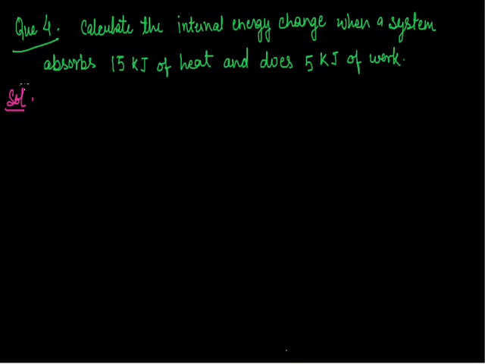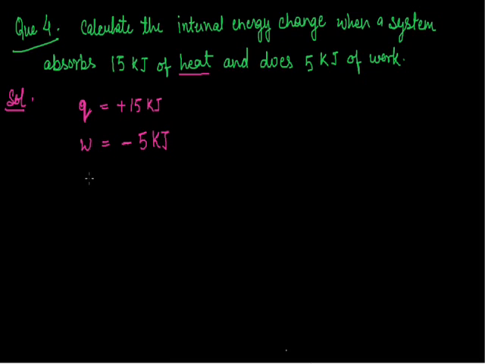Solution for the question is, here the given heat Q is 15 kilojoule, means the system absorbs. When the system absorbs, the value of Q is positive, that is 15 kilojoule, and the system does 5 kilojoule work. Does the work means the work is done by the system, so it should be negative. So the work is minus 5 kilojoule.